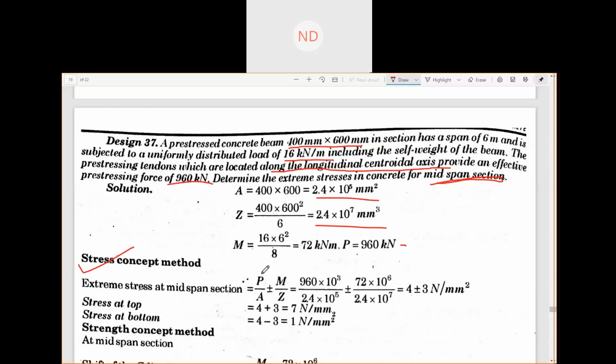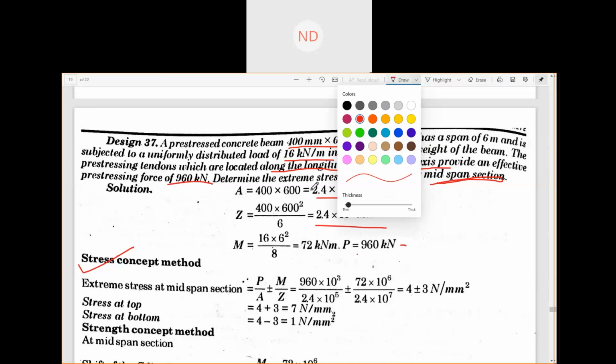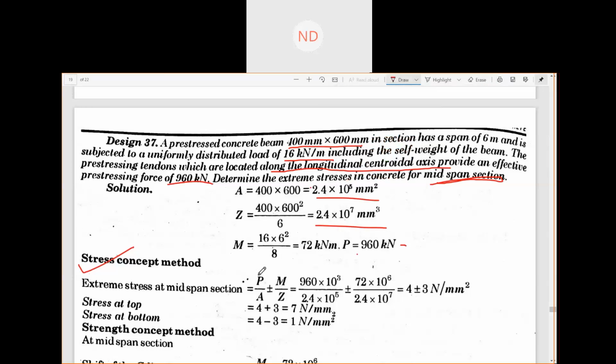So how many stresses will be there? The direct stress, the direct stress P by A. Then we have our stress due to the bending moment due to the load.